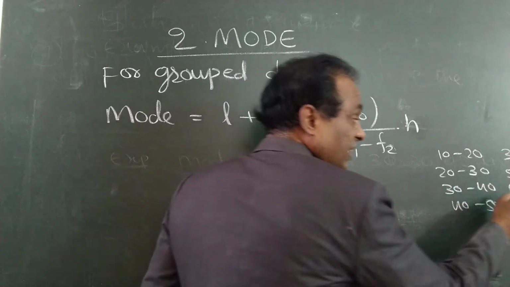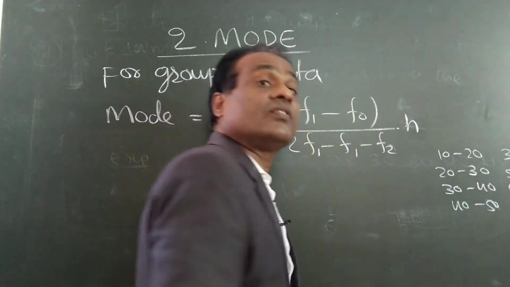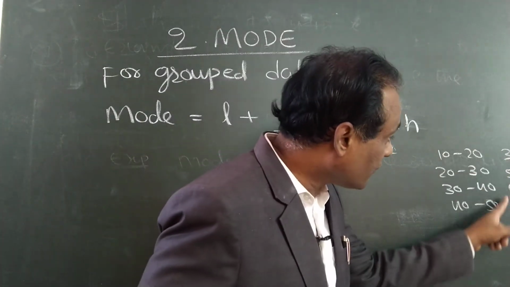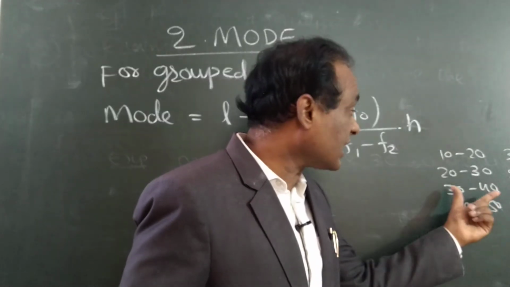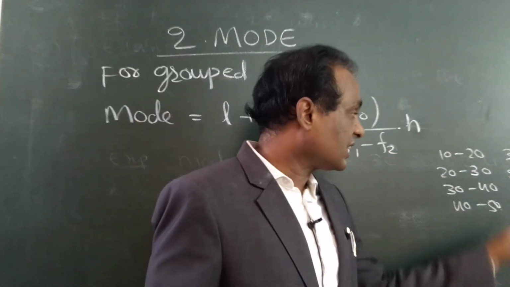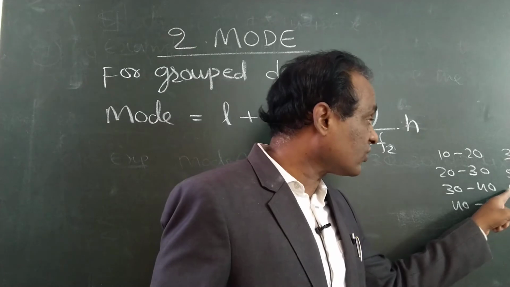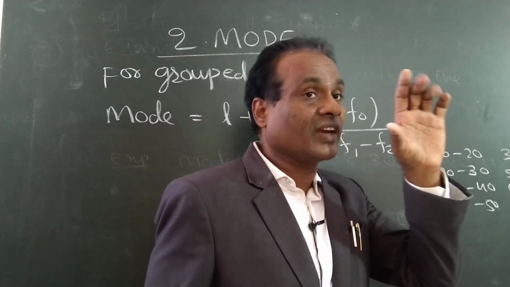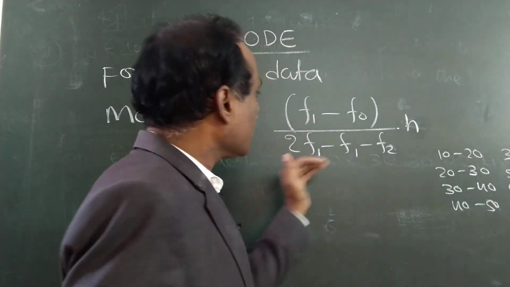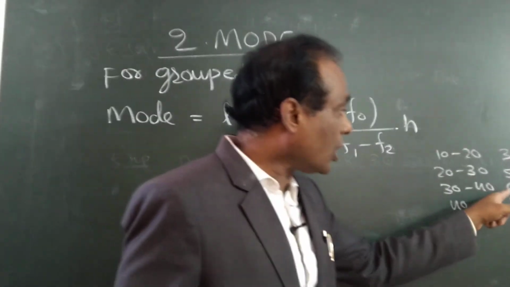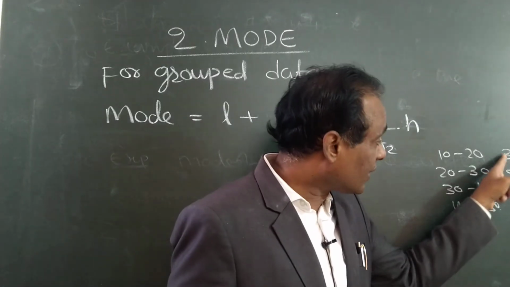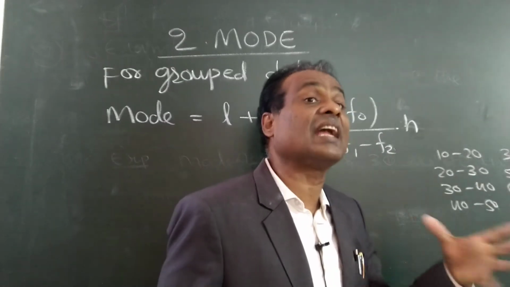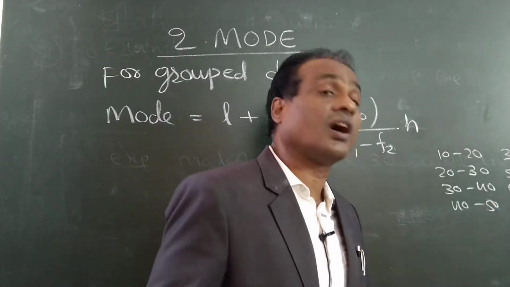The class which has the highest frequency is called the modal class. So first we have to decide the modal class, and all values are related to the modal class only. So how to decide the modal class? Wherever the greatest frequency is there, that is called the modal class.